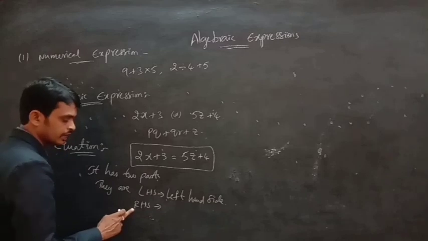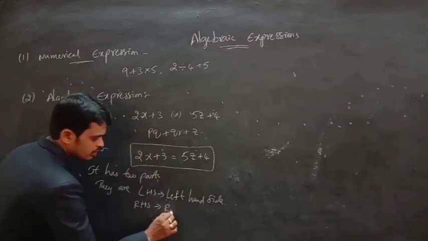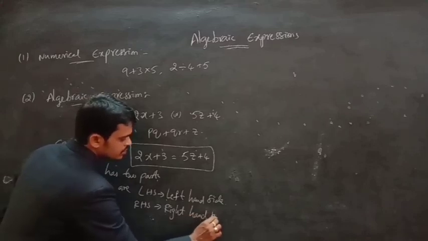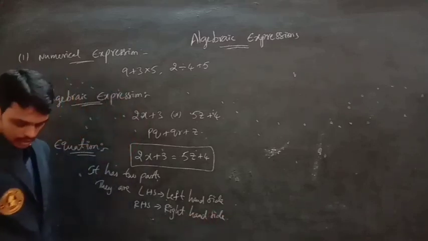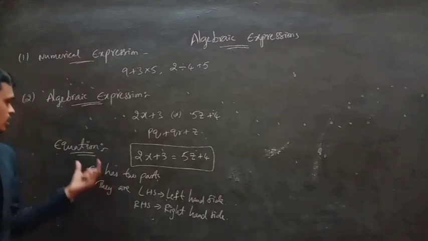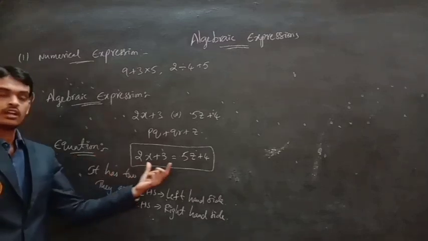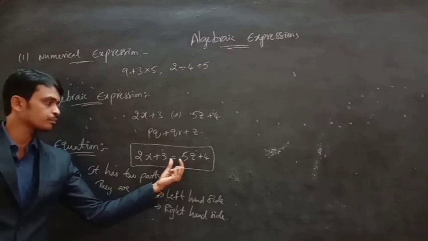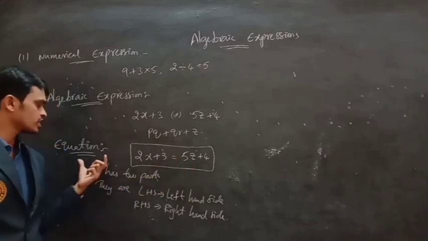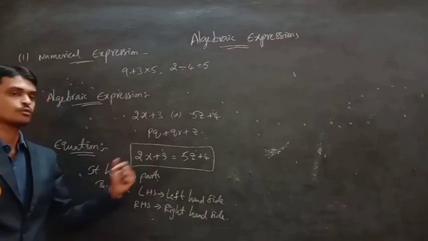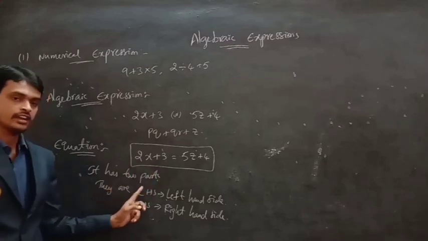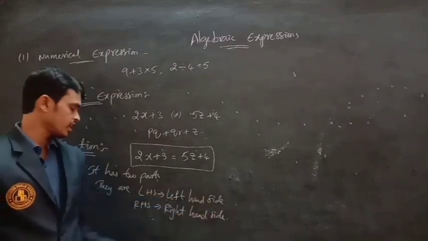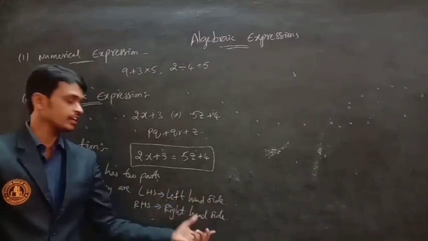R is right hand side. Two expressions connected by an equal sign is called an equation. The equation has two parts, LHS and RHS. LHS is left hand side, RHS is right hand side.